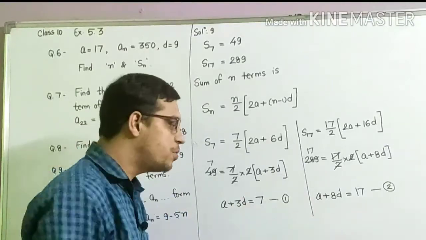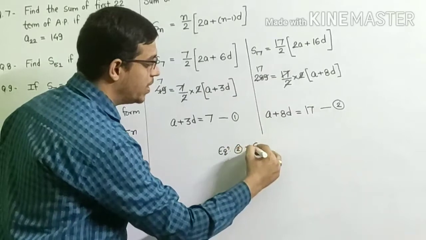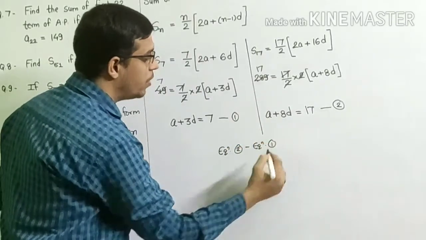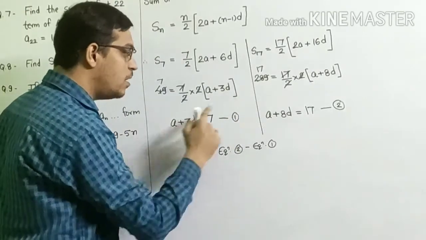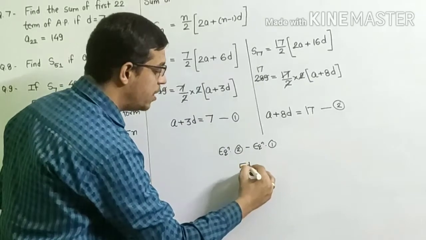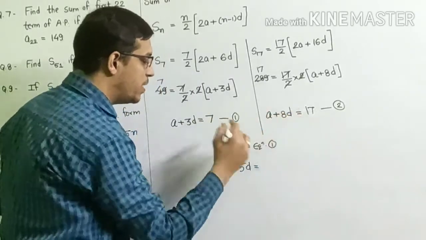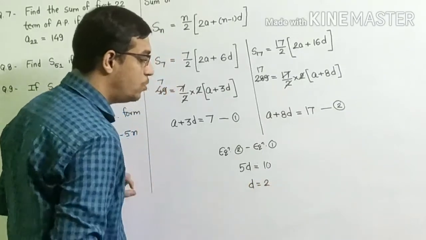Again, elimination method. Equation 2 minus equation 1. So a minus a cancel, 8d minus 3d, that is 5d. 17 minus 7, that is 10. So the value of d is equal to 2.